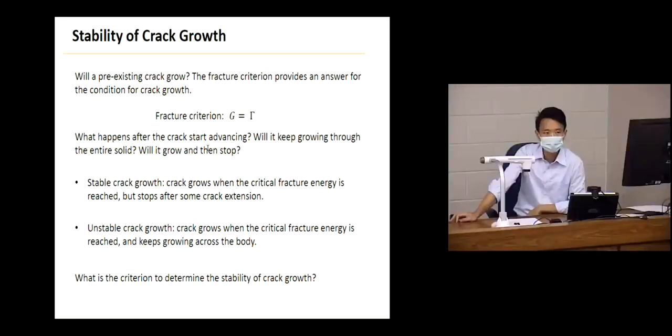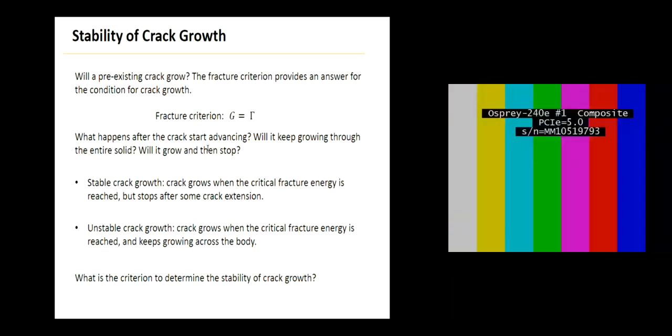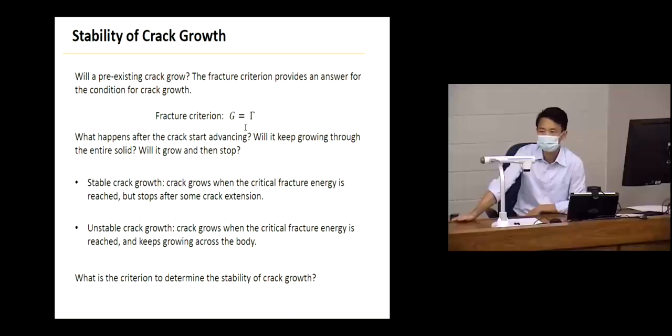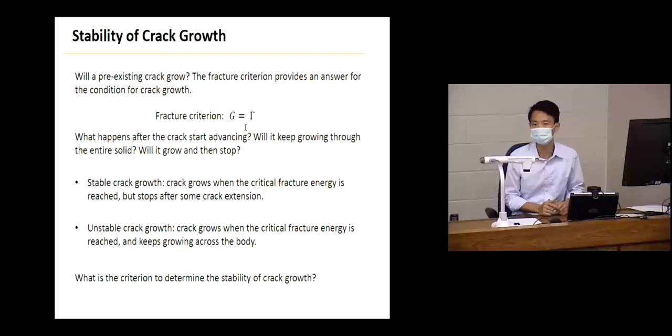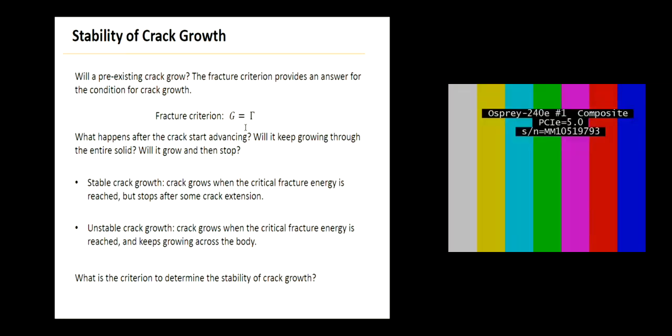Scenario number two is also possible: it starts growing at the beginning, once G equals gamma, that is, the condition is satisfied, but then after some advancement of the crack, it stops. That is the second possibility, obviously a better one than the first, because the first one means complete failure.